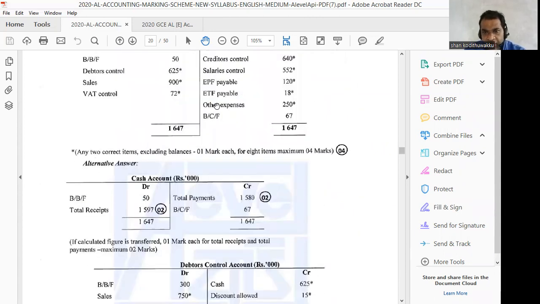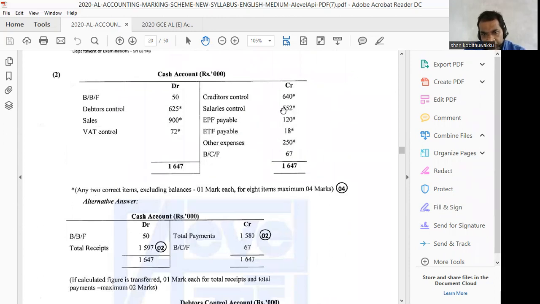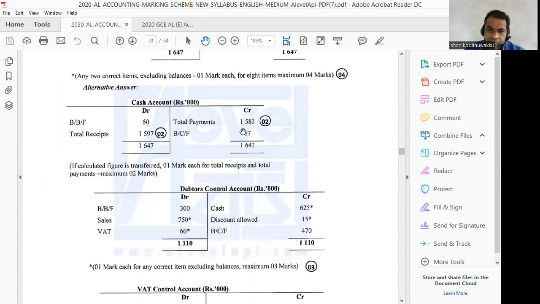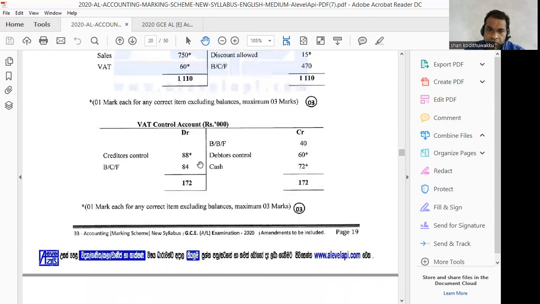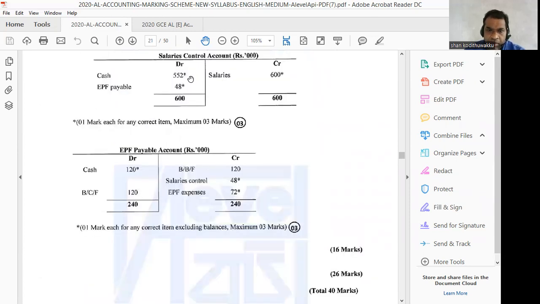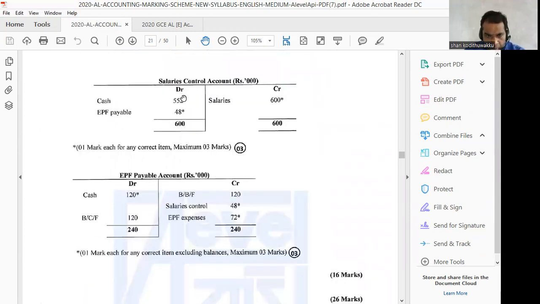What they paid, cash account credit by asset decreases concept, salaries control account debit 552,000. Then EPF payable 8% from employees, salaries control account debit, and EPF payable account credit 48.